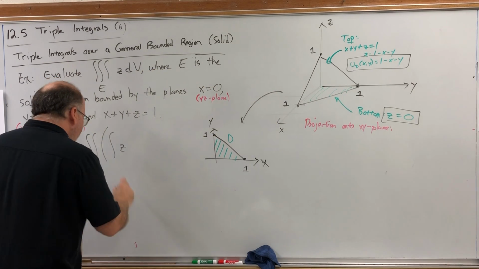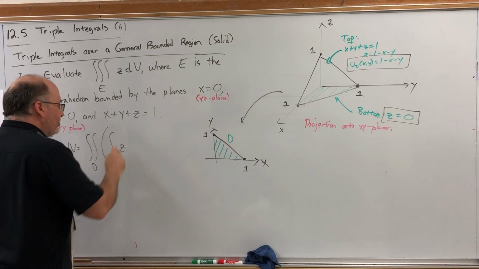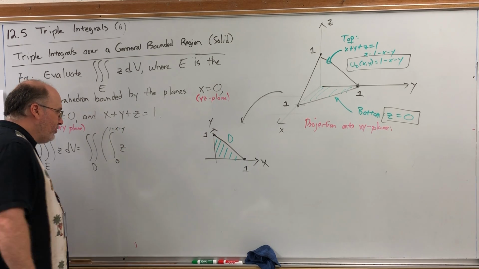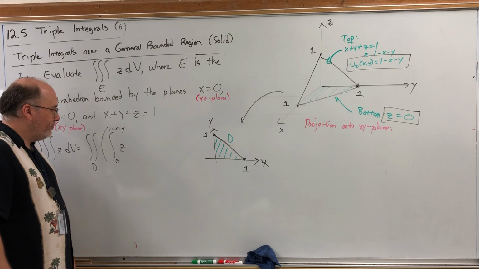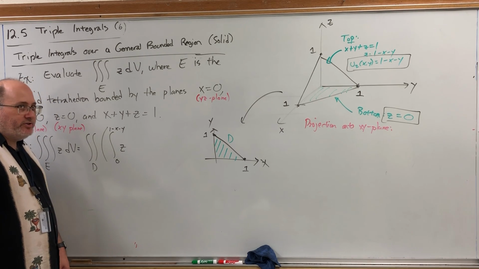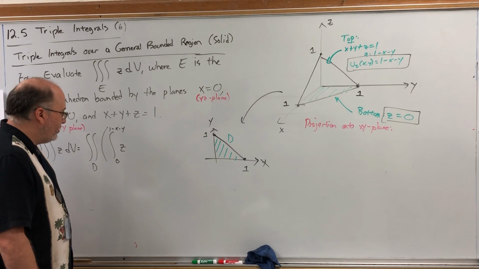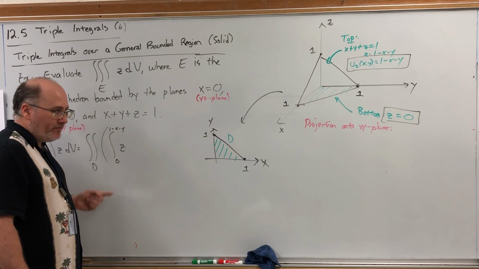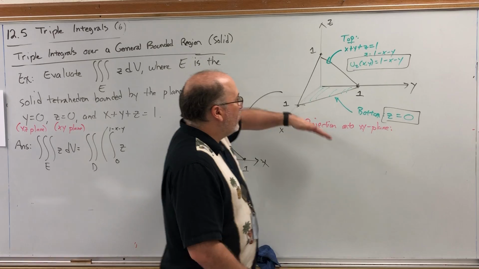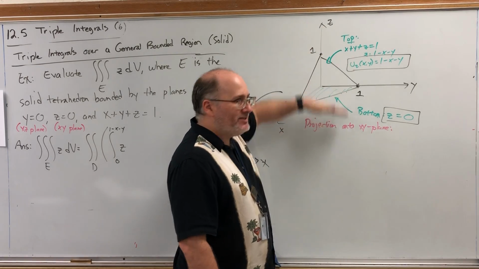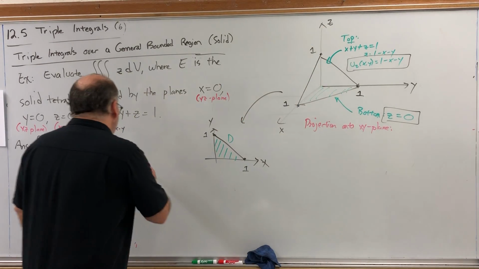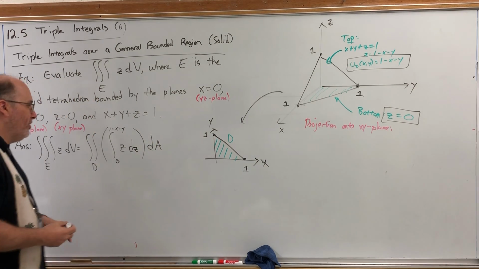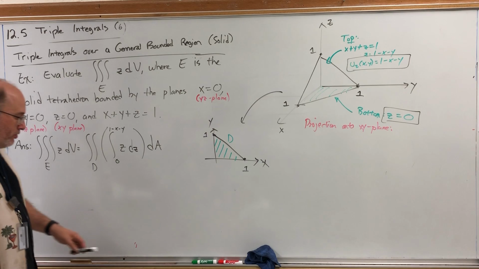So our lower limit is going to be 0. Our upper limit is going to be 1 minus x minus y. Am I integrating dz, dx, or dy? Answer, dz, for 2 reasons. I can't integrate with respect to x or y if either one is in the limit of integration. Secondly, we're thinking top to bottom, that's in the z direction. So this is a dz integral. And then we'll worry about the double integral after we get past the dz integral.